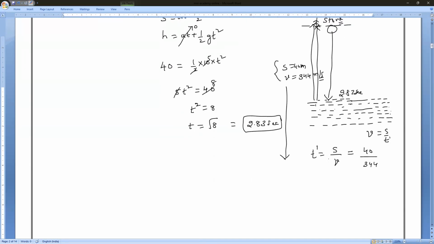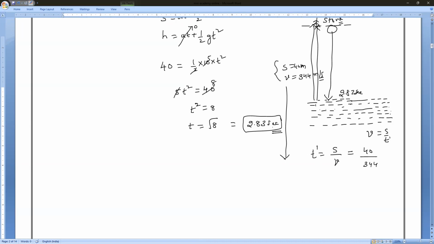Sir, then what is the necessity of finding the value 2.83? It is for the total time, correct? 2.83 seconds is the time the stone takes to reach the water.